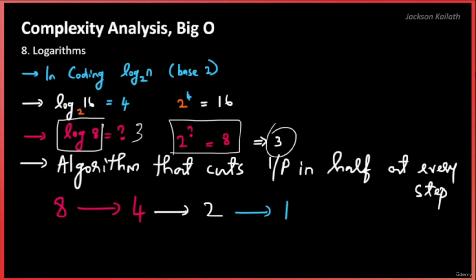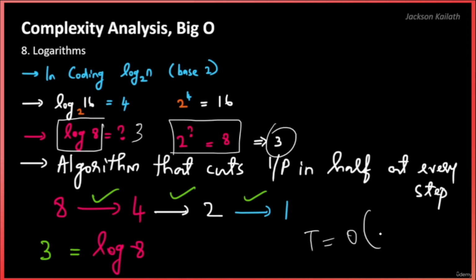So we found it. You can see we just had to do 3 checks. The input size was 8 and we only had to do 3 operations. So you can say that the number of operations is of the order of log n, or log 8, because 3 is equal to log 8.